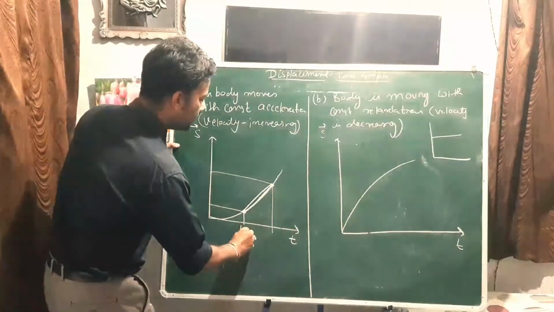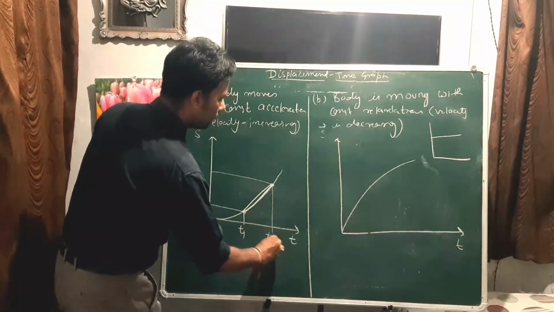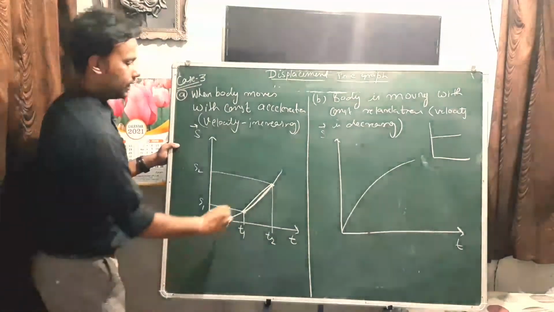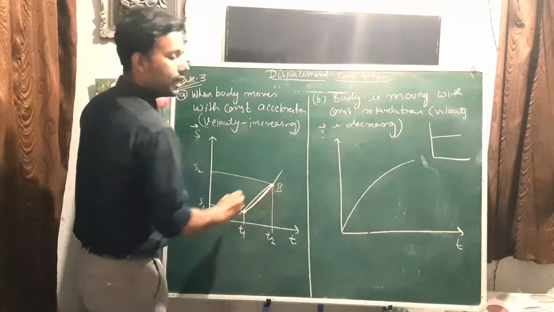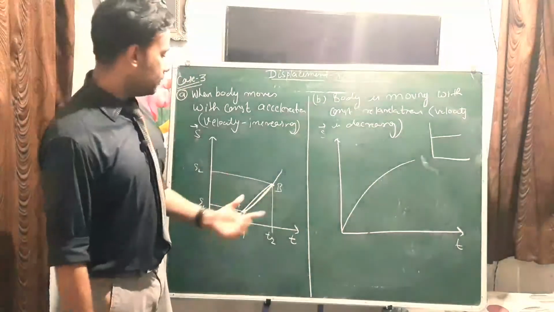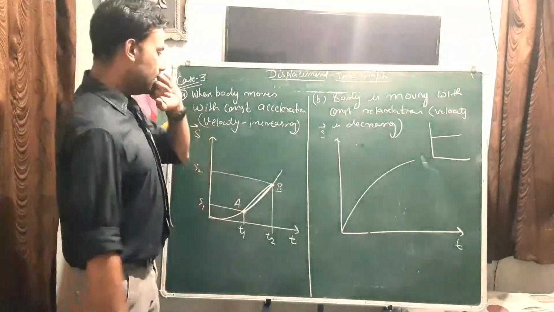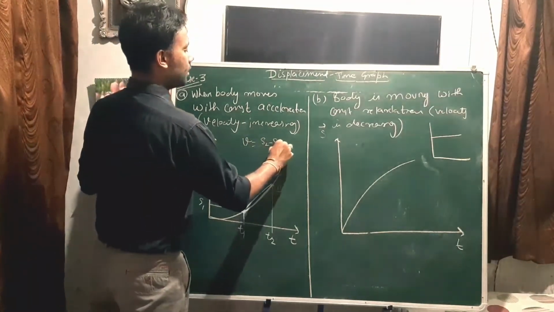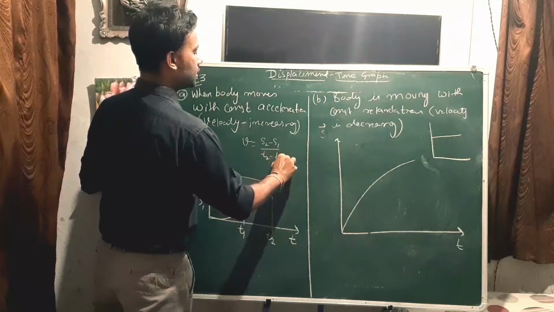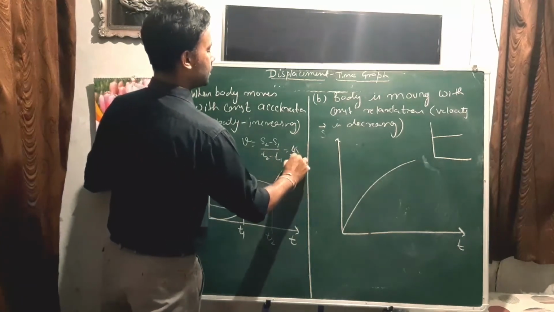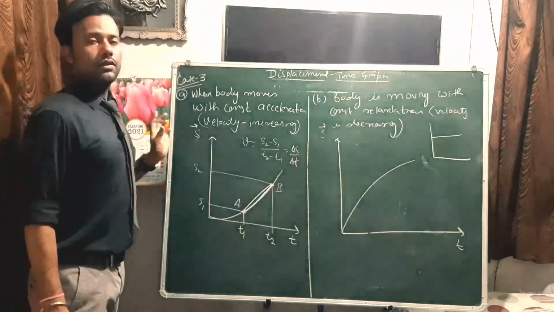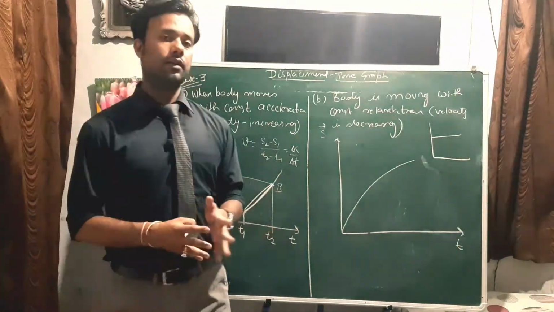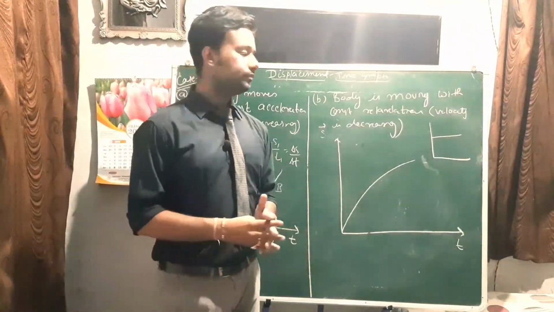So this will be T1, this will be T2, this will be S1 and this will be S2, and these 2 points are A and B. Now you can find the velocity between these 2 points A and B and that will be V equals S2 minus S1 upon T2 minus T1, that is del S upon del T. So here you can find out the velocity of the body even in this curved form, okay?